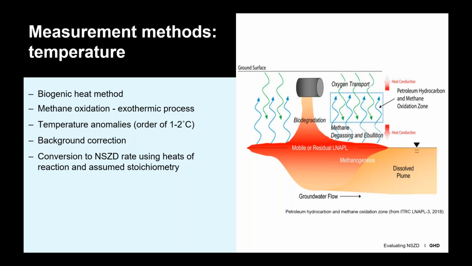It is possible that you can have LNAPL impacts that are too close to the surface to have enough actual space for this methane oxidation to occur. So that can happen at sites if it's really shallow. Once we collect the temperature profile data, the results are going to be converted to degradation rates using heats of reaction and assumed stoichiometry.